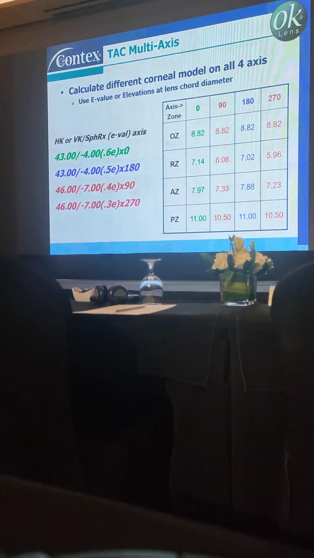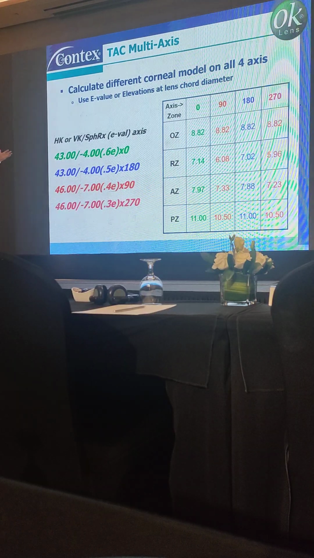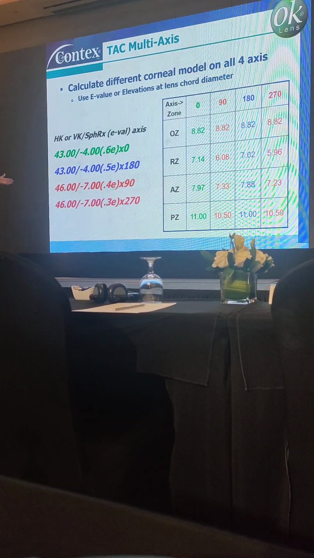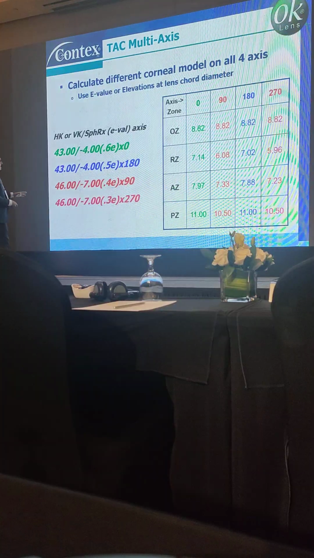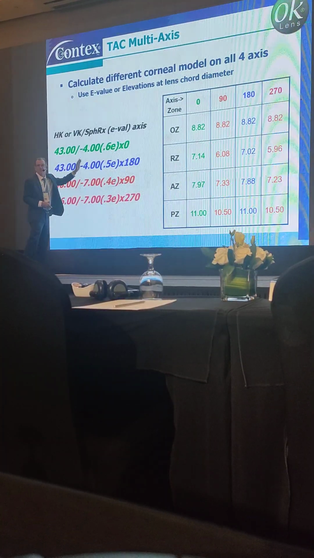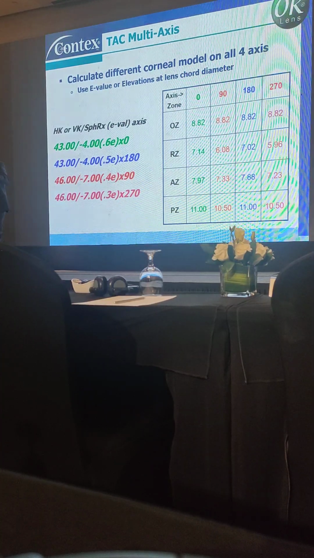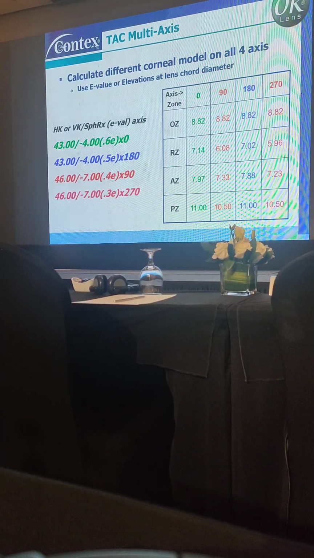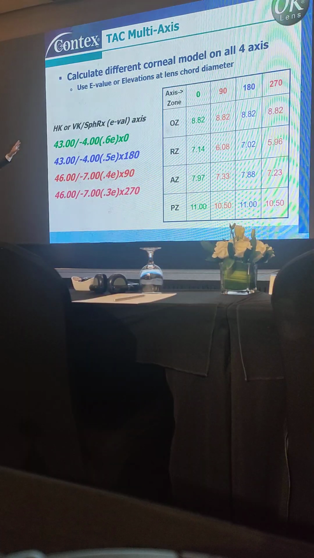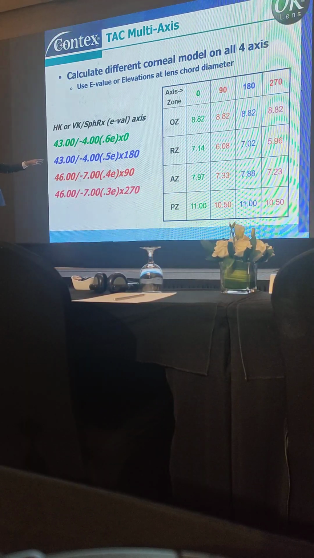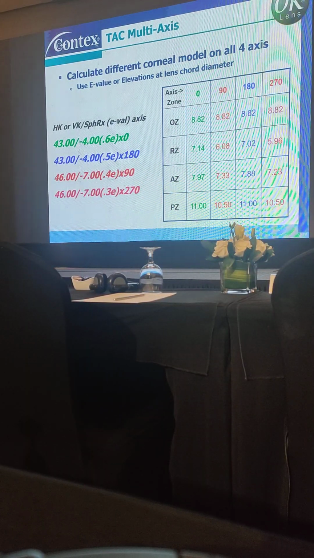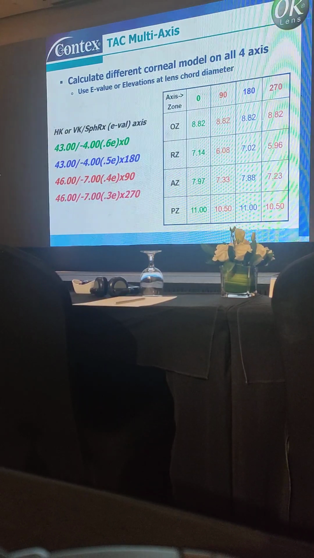And you're calculating a corneal model for basically each axis. And now we're talking about a quad symmetric lens. So this lens here, every 90 degrees, the lens is changing. So this is 4 lens designs in one contact lens, right? Base curve is all 8.82 though.